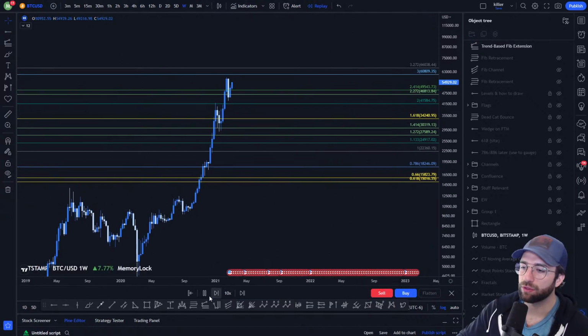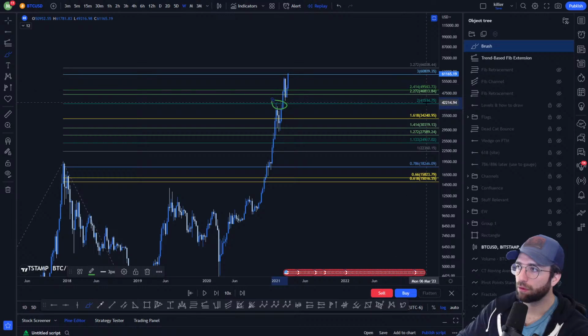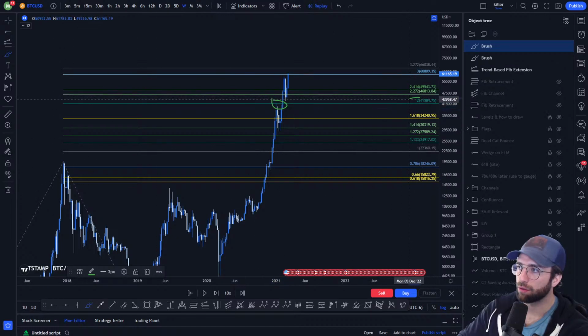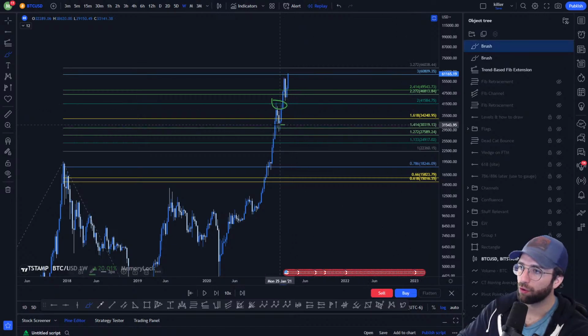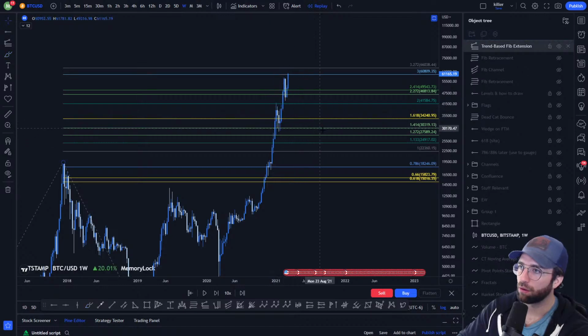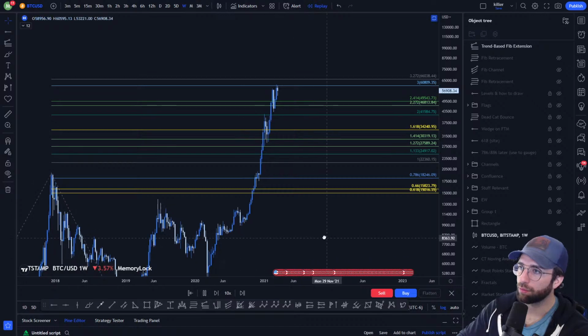So we had some resistance to start at the 2 extension, right? So this would be the 1-to-1. This is the 1-to-2 extension, right? And that's kind of where we had our first area of resistance on the chart here. Back tested the 1.414. Okay. And we can go ahead and hit play.